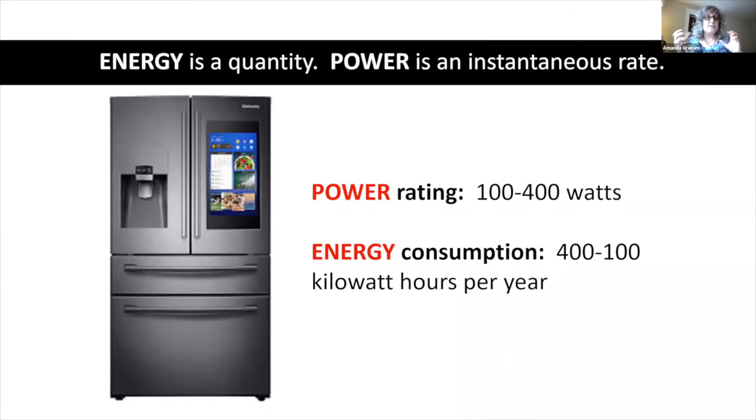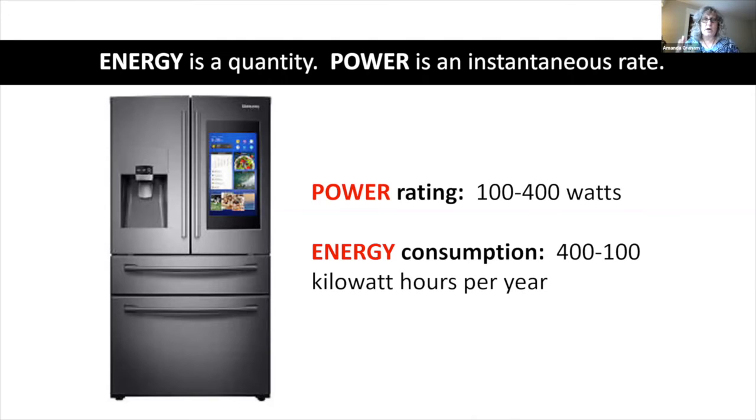So another distinction that's important to make is between energy as a quantity, something that we can measure as it's being used, and power. Often the terms energy and power are used interchangeably, but actually power here is an instantaneous rate of use, right? So it's how much power is my refrigerator consuming at a given moment in time.